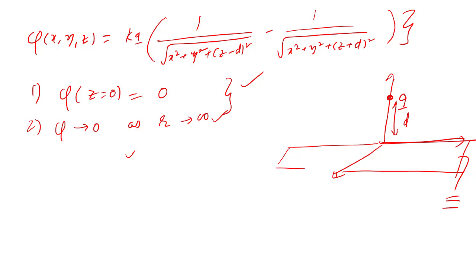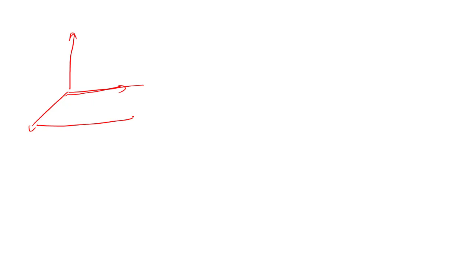So now, having seen briefly what it is, let's try to digest the image charge method a little more. So what did we do? Our original problem is that we have a plane and we had a charge here.